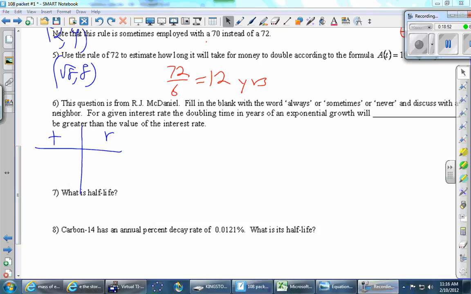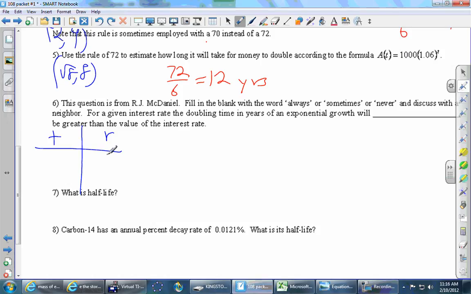Okay, so let's come back together. I think we had some groups doing some good analysis here. For example, if interest is 6%, then how long does it take to double? About 12 years. And so which one is greater in this case? The doubling time. Okay, but then some folks decided to come up with really high interest rates, like 36%.